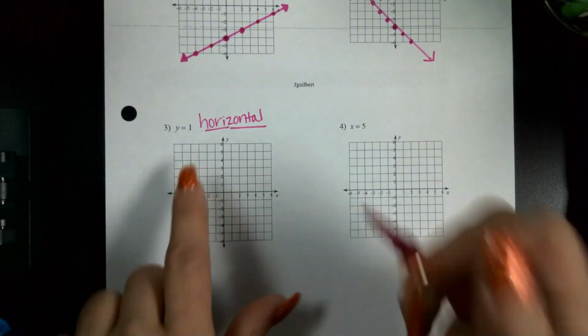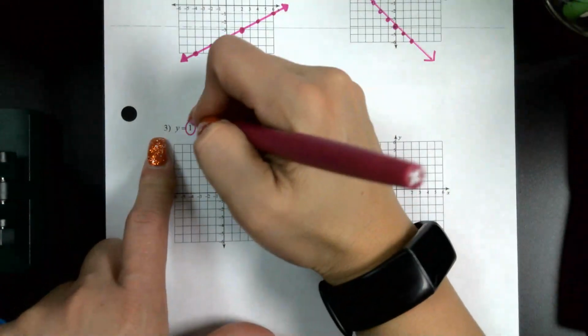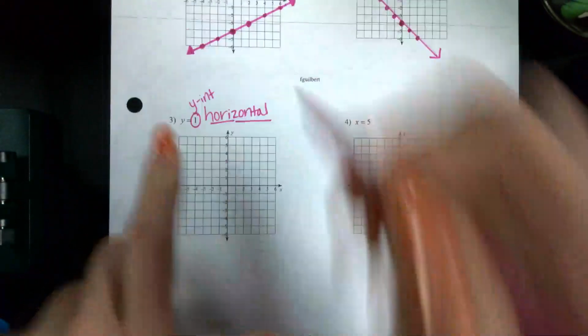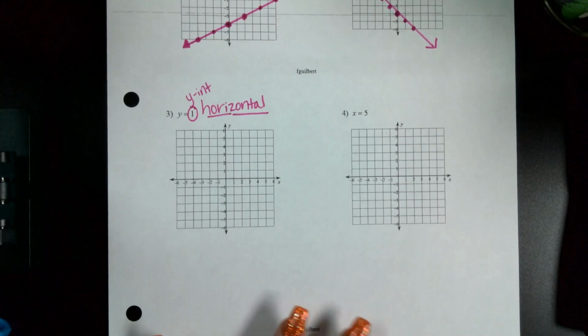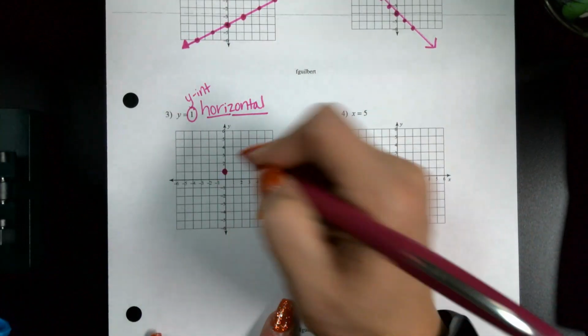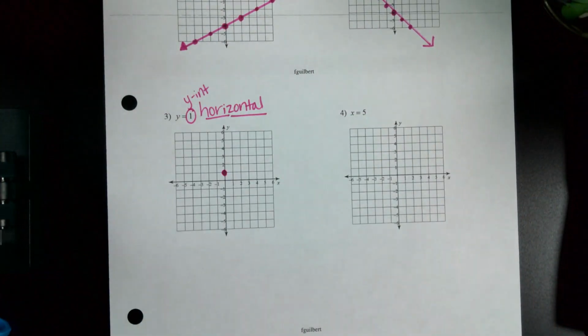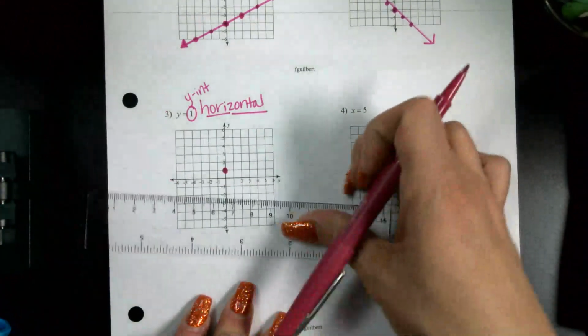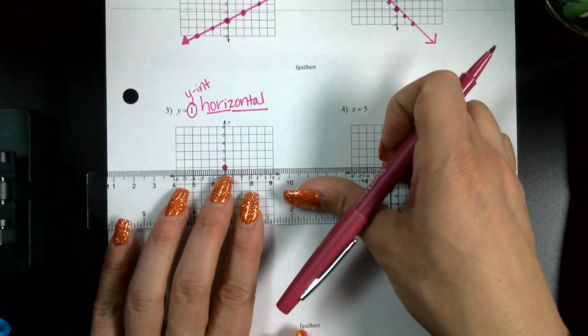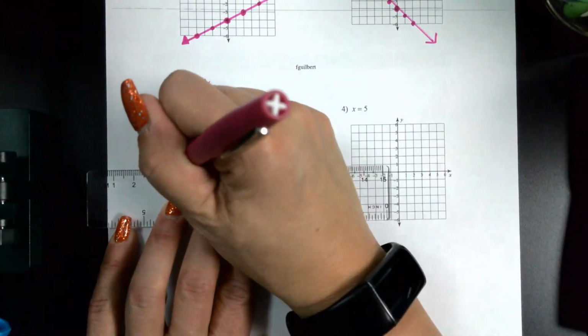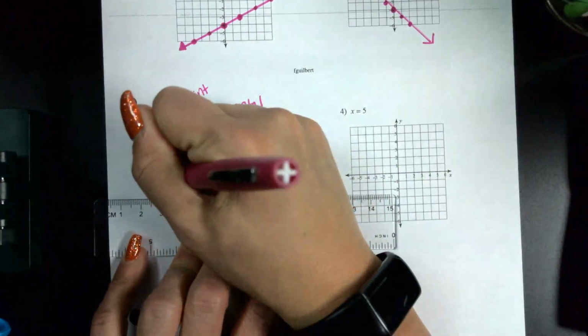Okay? So we're still going to plot this on the y-axis. That is still our y-intercept. So you still want to put a point at the 1, but then you don't need any other points. Just pick up your ruler, follow the grid line straight across, and extend it from edge to edge and put arrows.